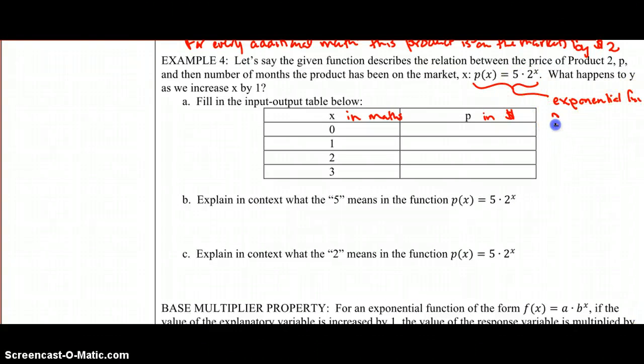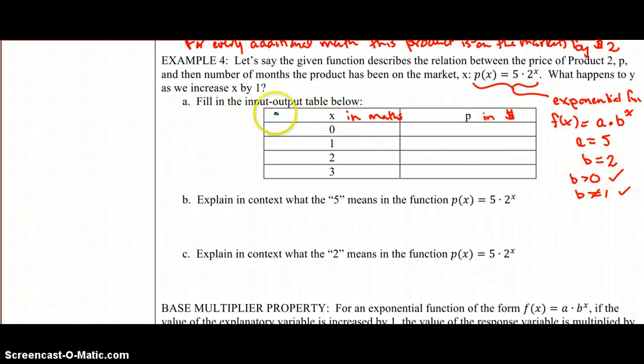This is in the form f of x equals a times b to the x, where in this case a is 5 and b is 2. Remember, this base b has to be greater than 0, which it is, and b cannot be 1, which it's not. So this is a legitimate base here.